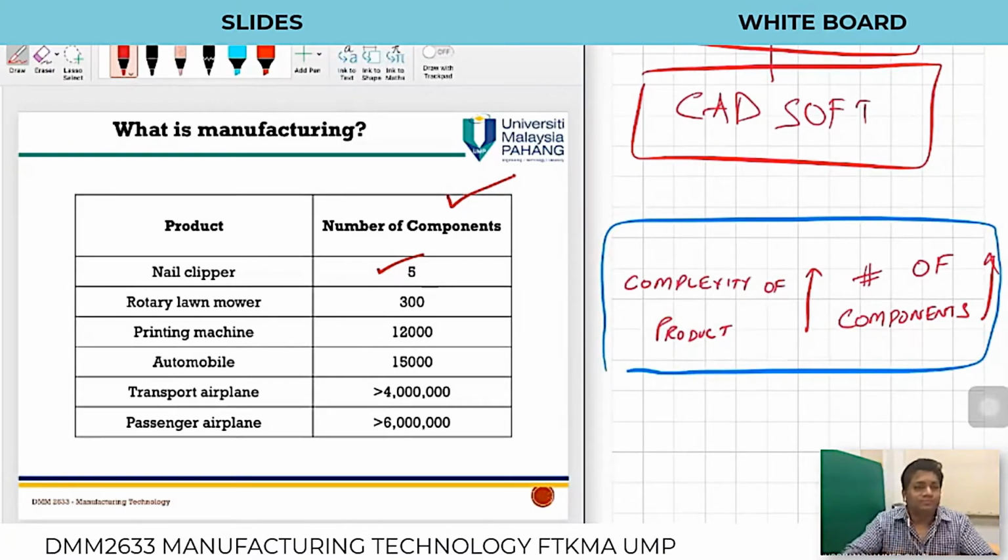A printing machine has 12,000 components. An automobile has 15,000. A transport airplane has 4 million. A passenger airplane has 6 million. So imagine the number of components they have.